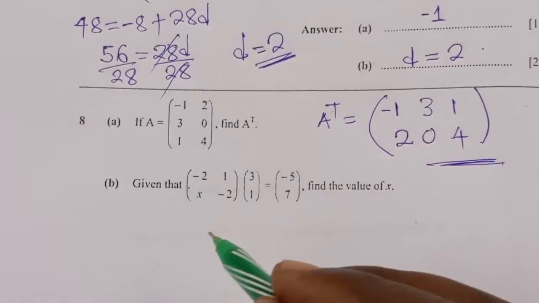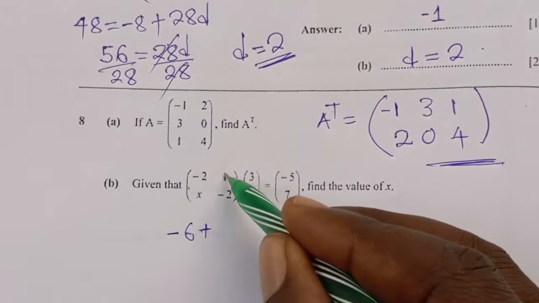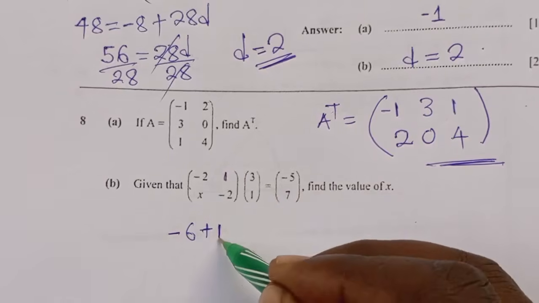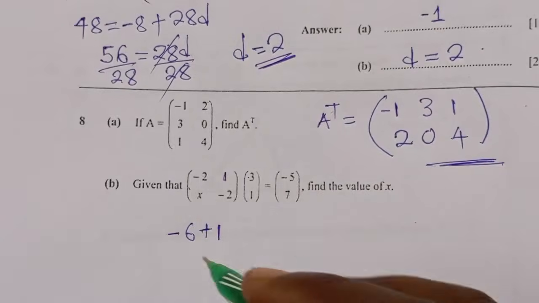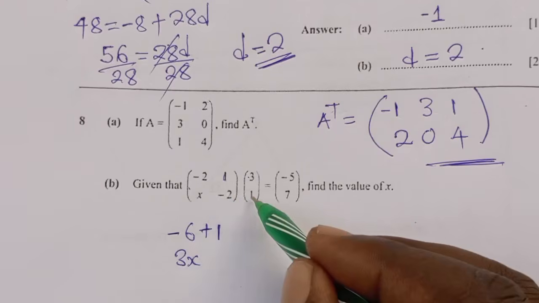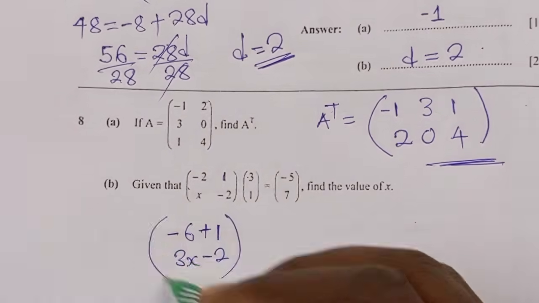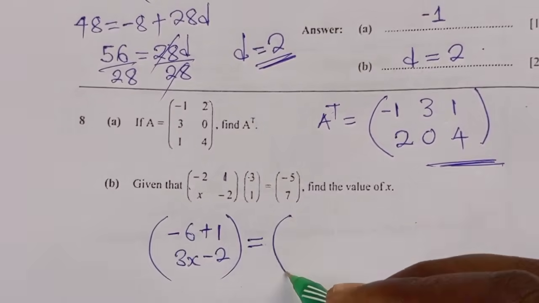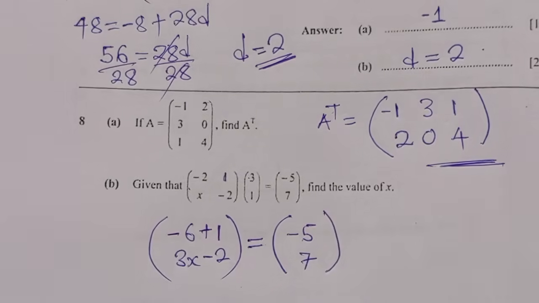So -2 times 3, -6, plus 1 times 1, it is 1. I'm done on top. I go down. x times 3, that is 3x. -2 times 1, that is -2. Then this is now equal to -5 and 7.